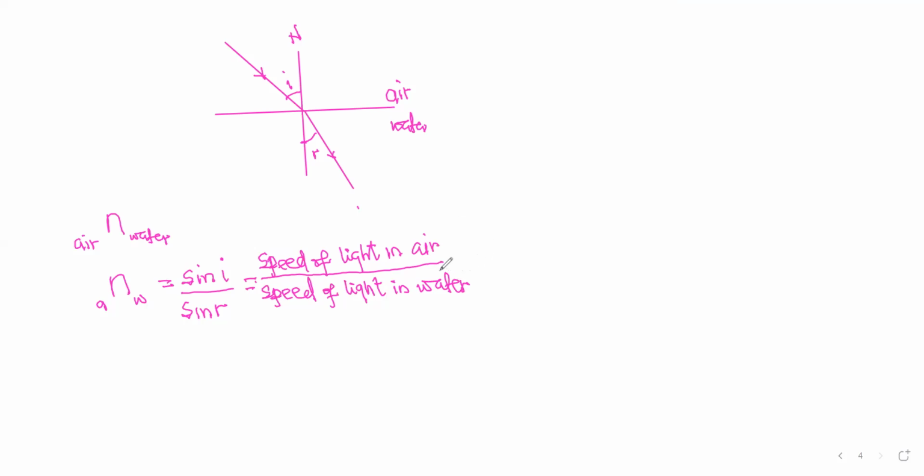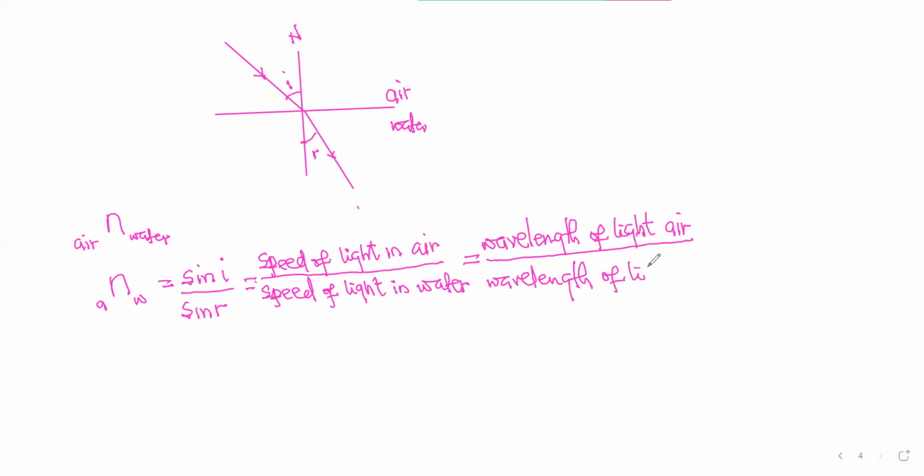Another way of expressing absolute refractive index is using the wavelength of light in air divided by the wavelength of light in the dense medium, in this case, water.